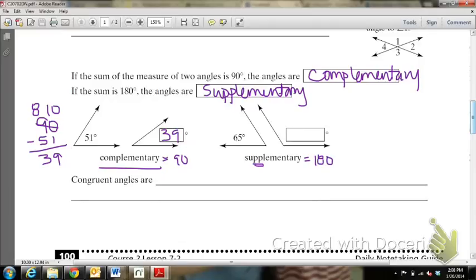So 65 plus what gives me 180. So just subtract what you're given from what they need to add up to. 10 minus 5 is 5, 1, 1. So 115 degrees. And congruent angles are angles that have the same measure.